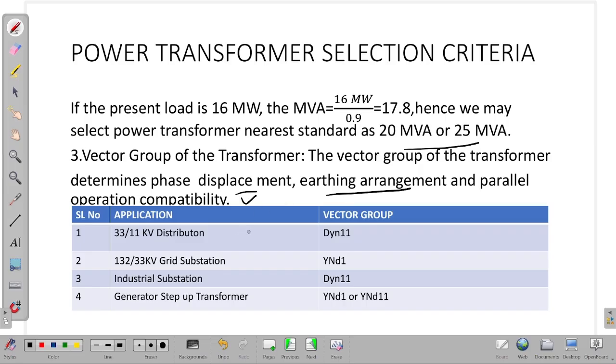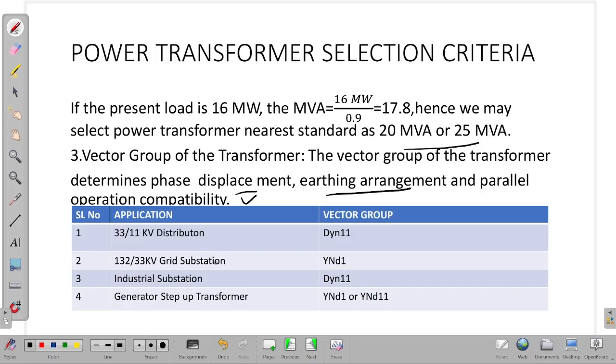Here is a mini table. In this table, we see the 33 by 11 kV distribution transformer. In that case, the vector group employed in the transformer is delta star N11, DYN11.